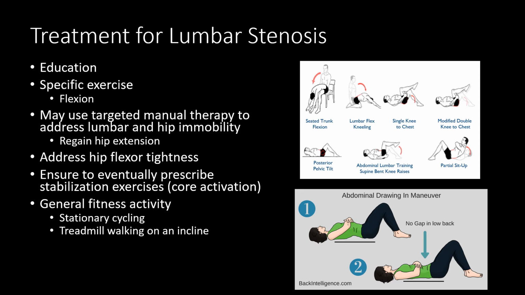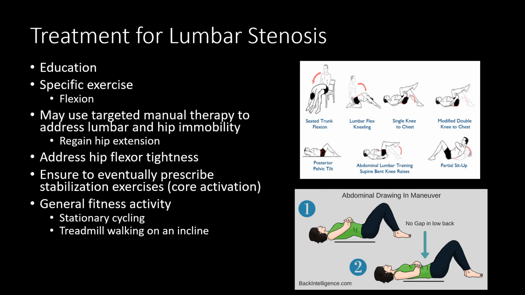We have to be cautious with implementing stabilization exercises that introduce a lot of extension early on because they may not be able to tolerate that, but we can certainly begin to use this supine hook-lying position here with a nice transversus abdominis contraction and just begin to work on some subtle movements of the lower extremities. We can have them maybe do a heel slide, bring the knee up toward their chest, or potentially even do some lower trunk rotations associated with that. Anything we can do just to begin to get some stabilization activities.